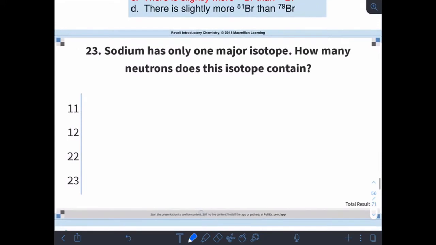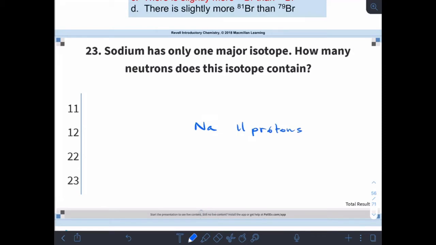Sodium only has one major isotope. So how many neutrons does this isotope contain? Take a second and find sodium on a periodic table. You'll find that sodium has 11 protons.